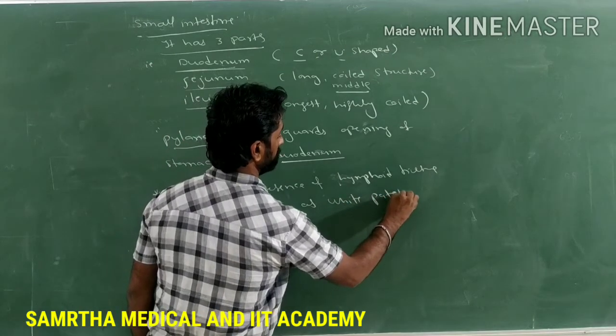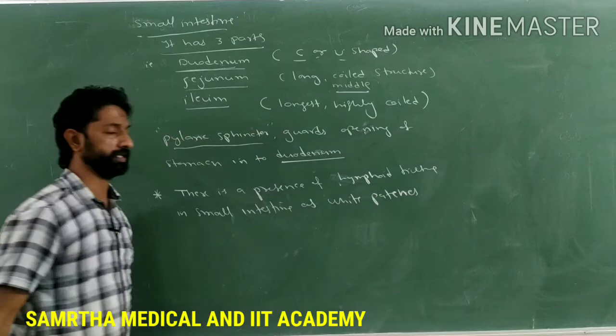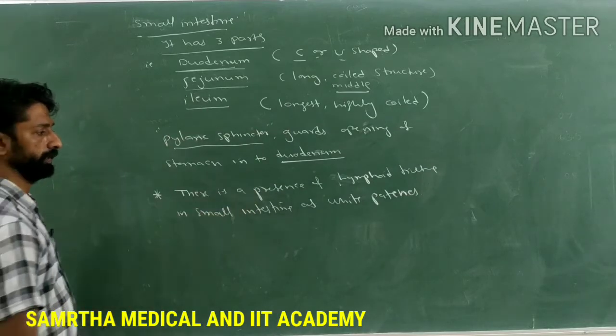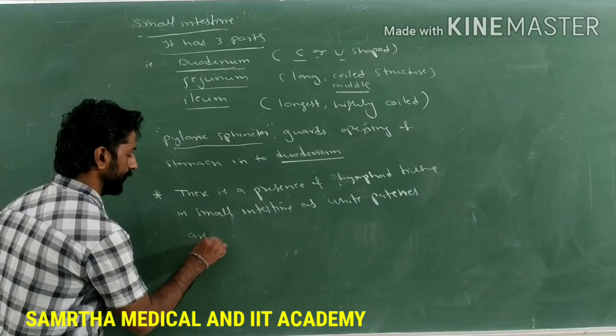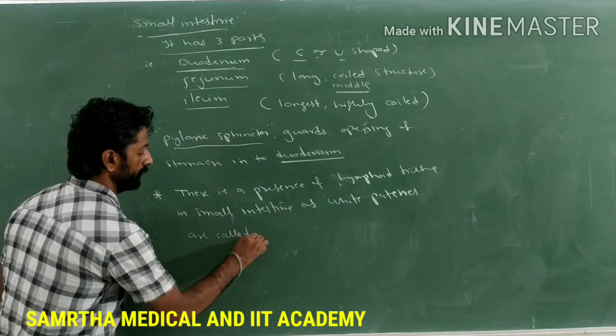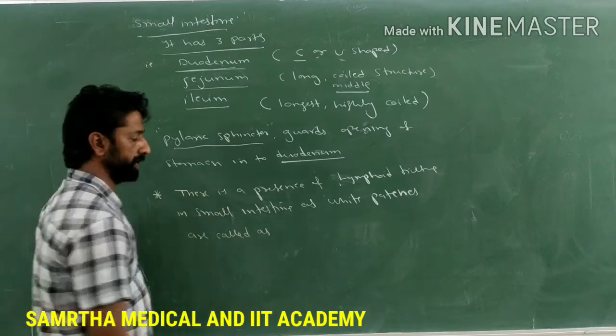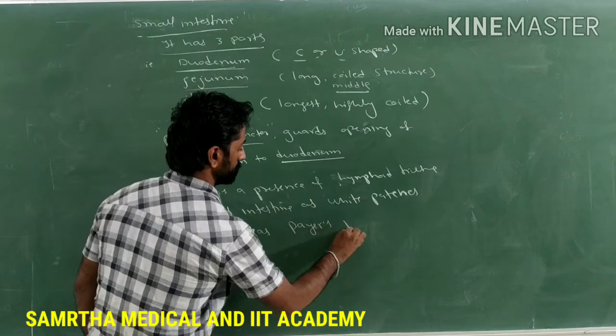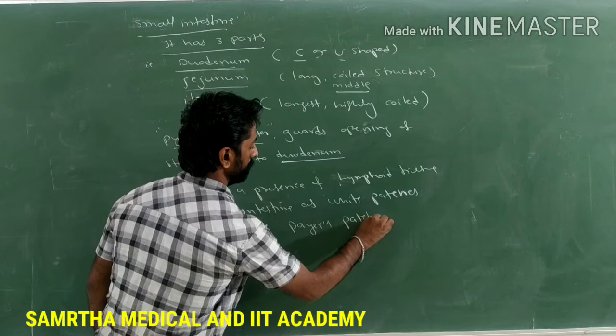These white patches of lymphatic tissue in the small intestine are called Peyer's patches. Those are called Peyer's patches.